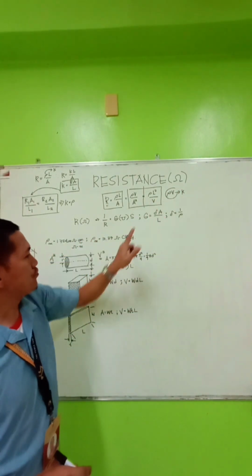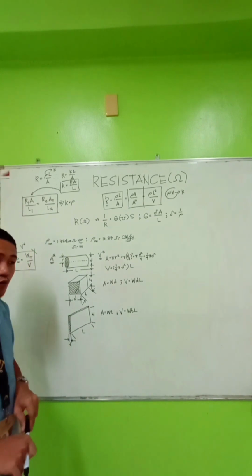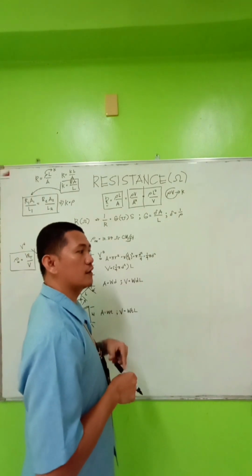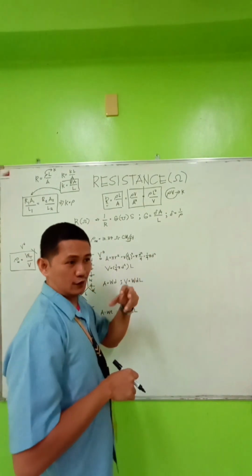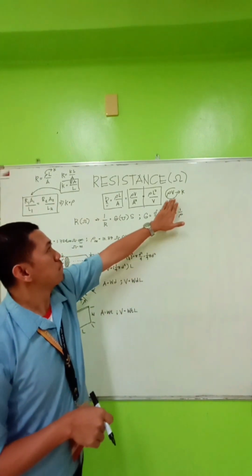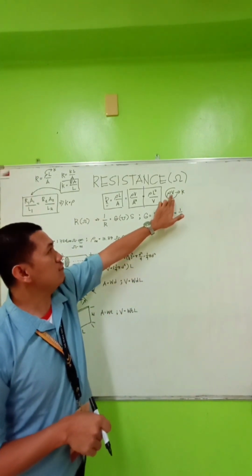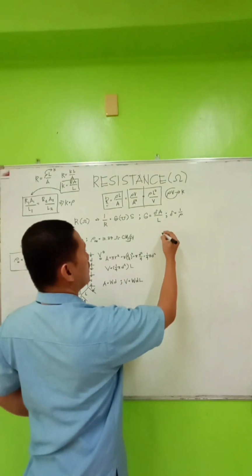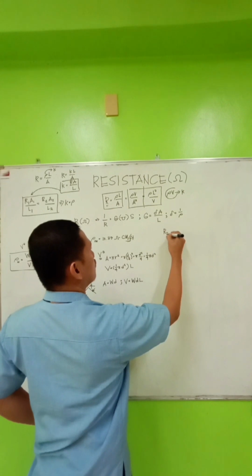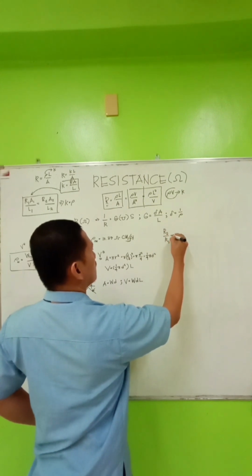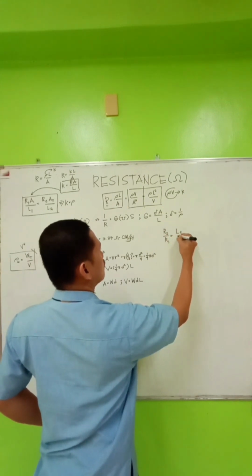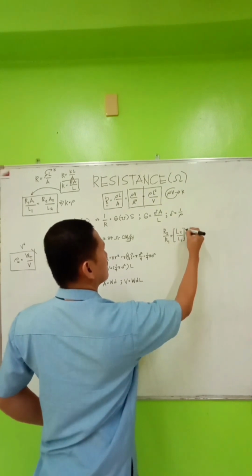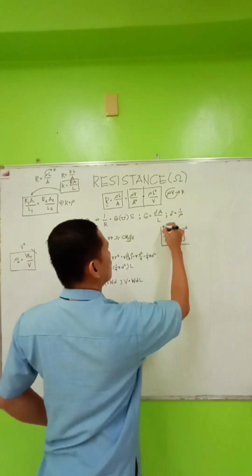If you recall the formula for drawing a conductor and you are tasked to determine the resistance of the first conductor or the second conductor, the resistivity and the volume are made constant. So if you remember the formula, R2 over R1 is equal to length 2 over length 1, in second power.